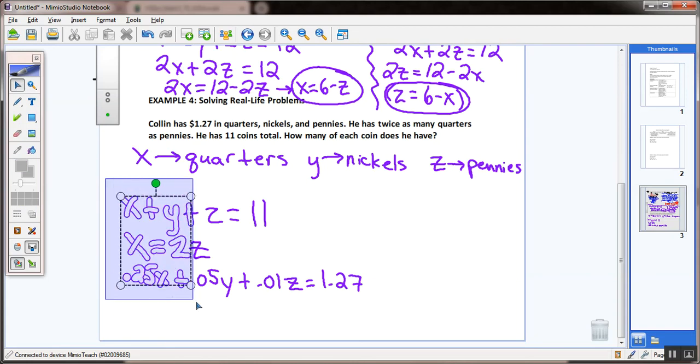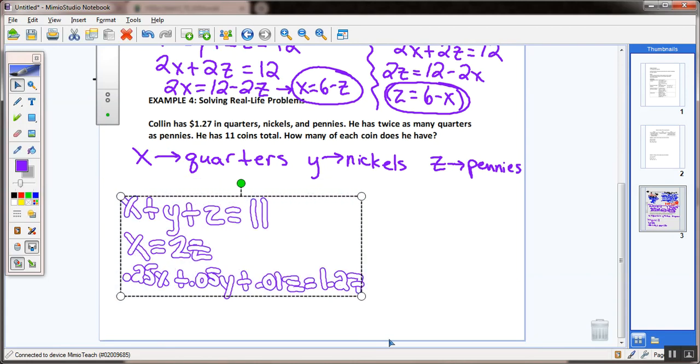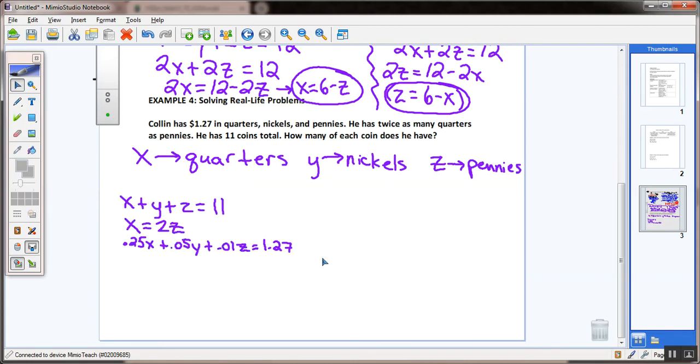Now I don't like this second one right here because when we work with this, kids, you want to have all the variables on the left and your constant on the right. So I want to move this 2z in this second equation over here. How am I going to get 2z to the left of the equal sign? It's a positive 2z, so I can subtract it. So I'm going to rewrite this second one. We're going to change that to x minus 2z.